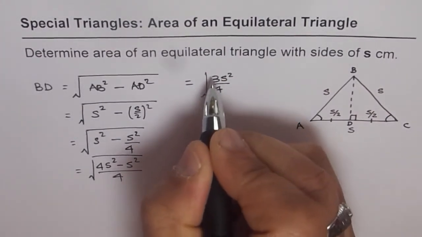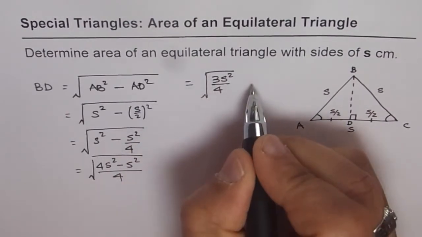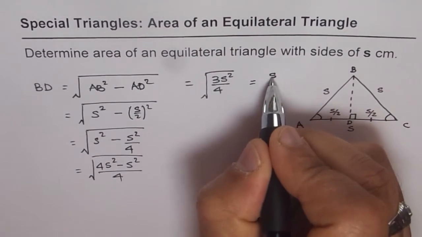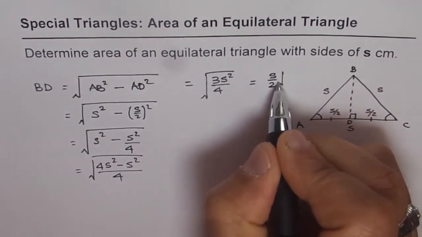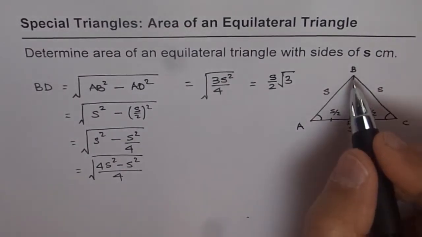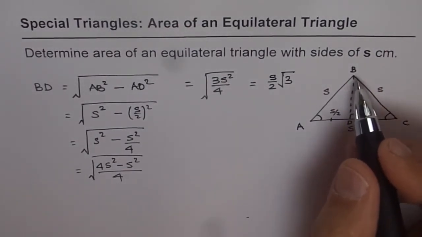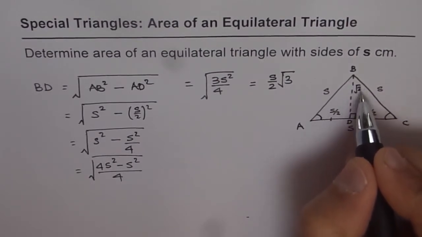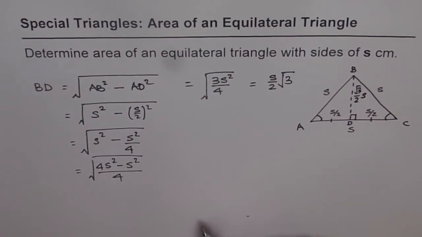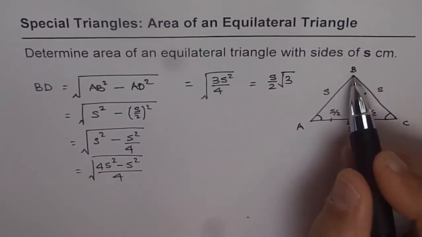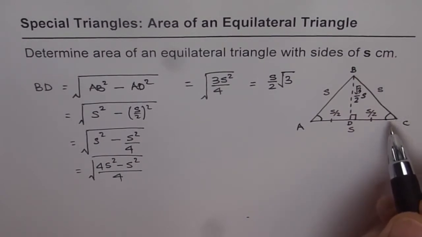Now that could be written as s over 2 times the square root of 3. So this is BD, right? So we get side BD as square root of 3 over 2 times s.